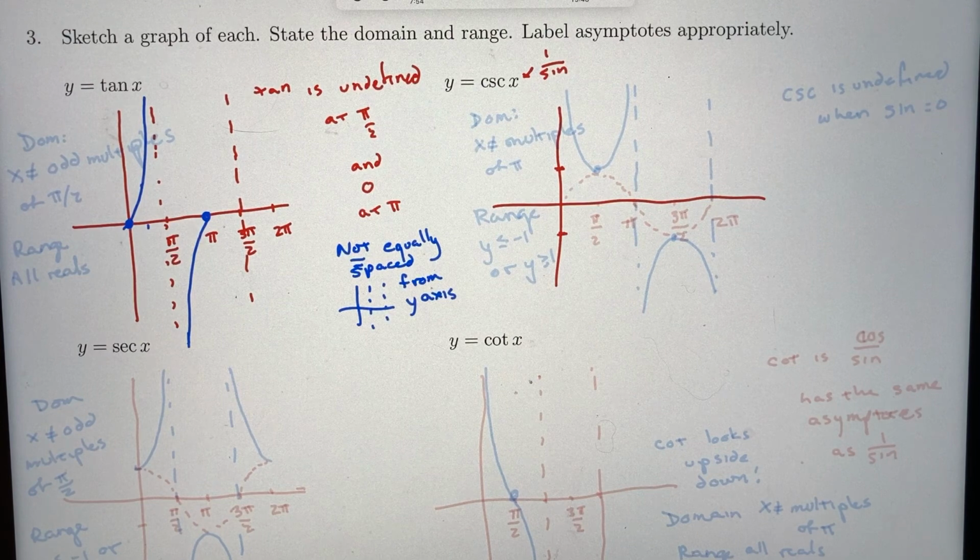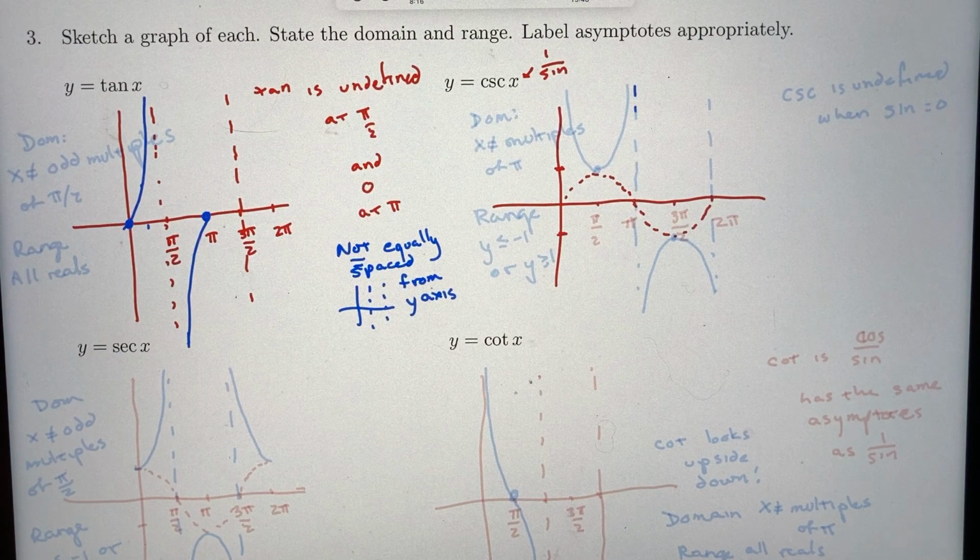So if I graph sine, and I'm going to do it as a dotted line. We know from the project and from the previous notes that sine looks like that.